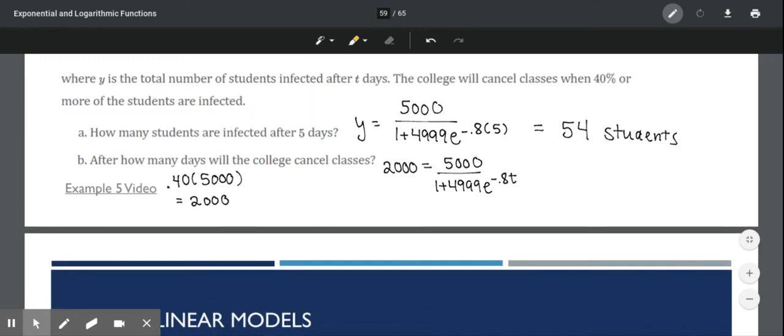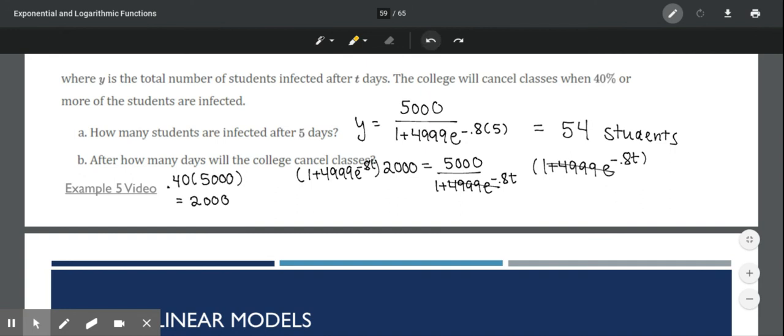So we're going to have to multiply both sides by this denominator, by the 1 plus 4,999 e to the negative 0.8 t. Multiply that over here on this side too. Right. And then we could distribute, so that will simplify that. We can distribute our 2,000 into that. Actually, let's not distribute. Oops, sorry. Let's go back on that. We're not going to distribute.